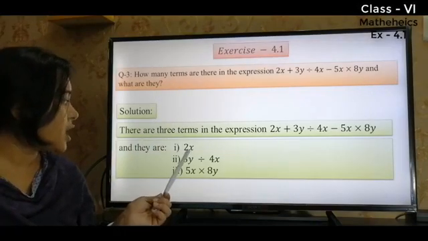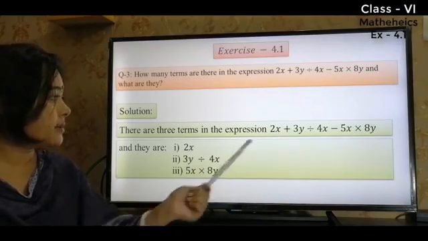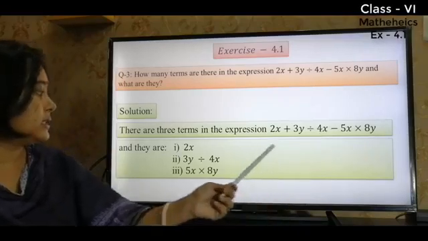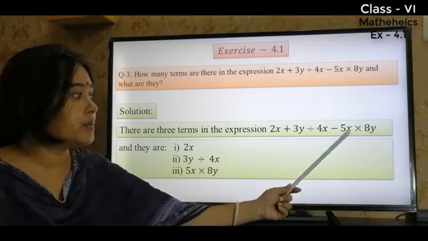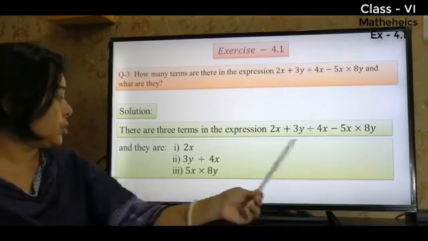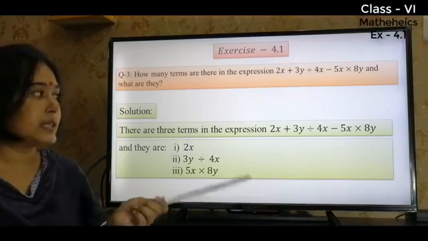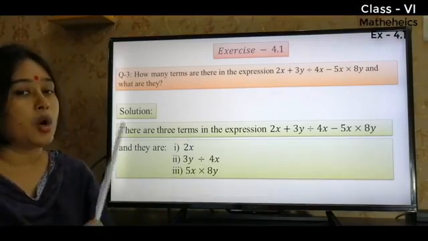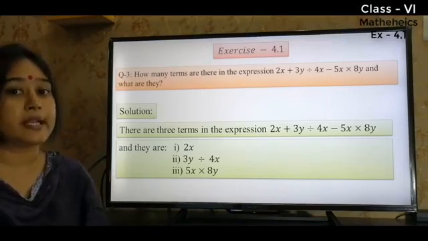So the terms are 2x. One term is 2x, and another term is 3y divided by 4x. This is another term, and the third term is 5x into 8y. So in question number 3, the answer will be written like this. I hope you are clear about it.